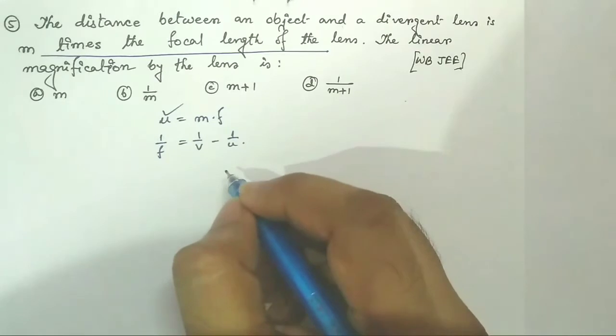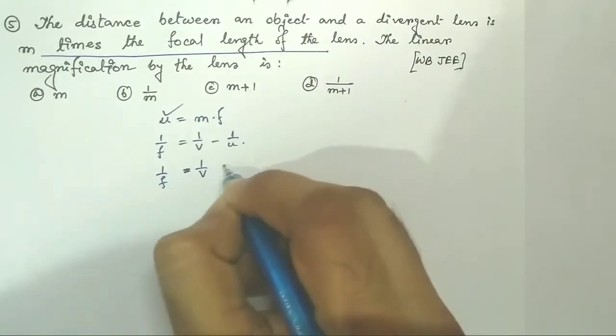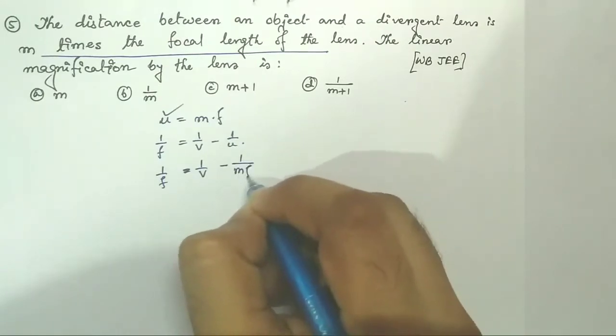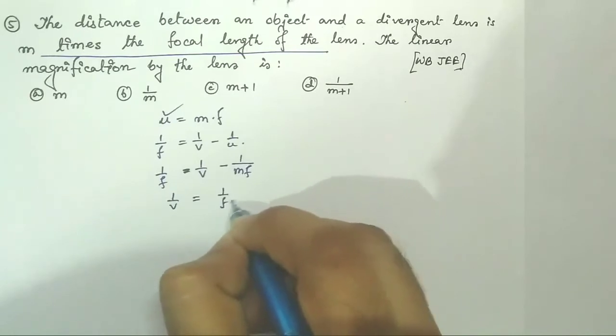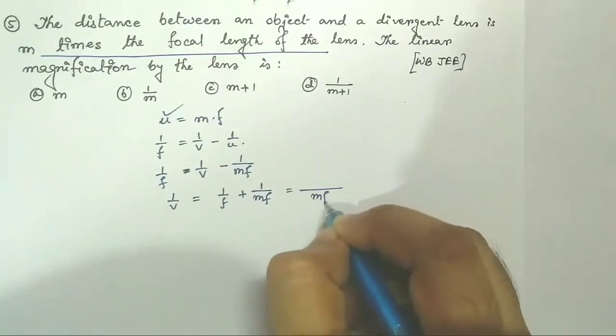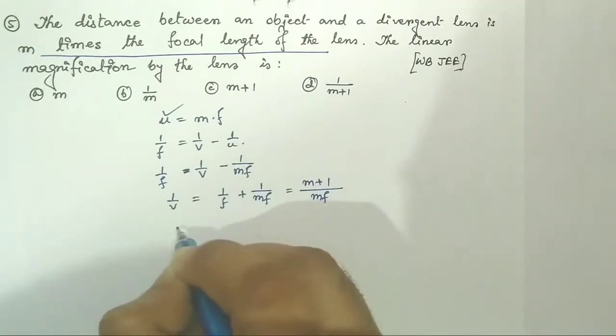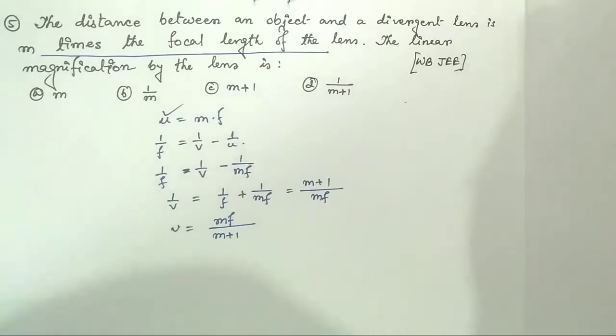This is known to all. Now 1 by f equal to 1 by v minus 1 by m into f. So 1 by v will be equal to 1 by f plus 1 by mf. Take the LCM, mf, so m plus 1, and v will be equal to mf divided by m plus 1.